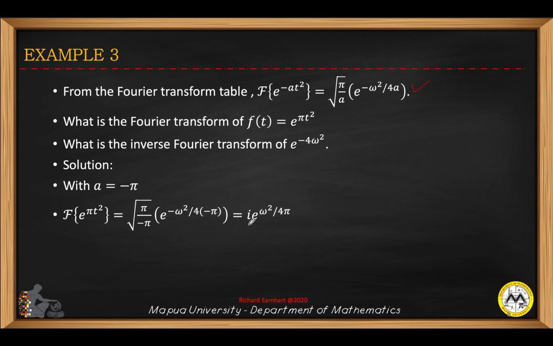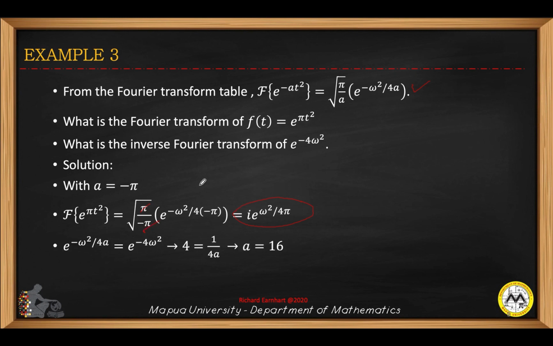Simplifying, you get i times e to the omega squared over 4 pi. Why is it i? The square root of negative 1 is i.